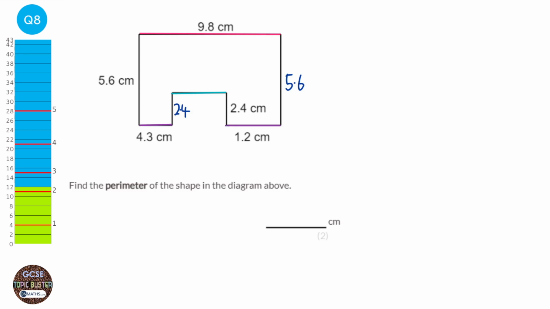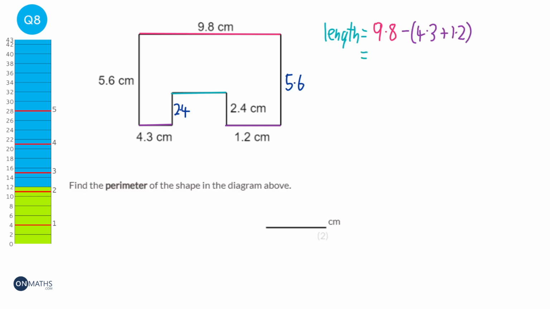So to work out the length of the missing bit, we're going to do 9.8, and we're going to take away the 4.3 plus the 1.2. And then when we do that, we do 9.8, take away those bits, we get 4.3. So this missing bit here is 4.3.